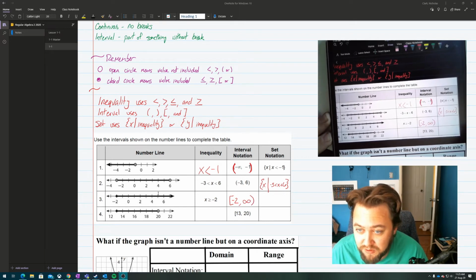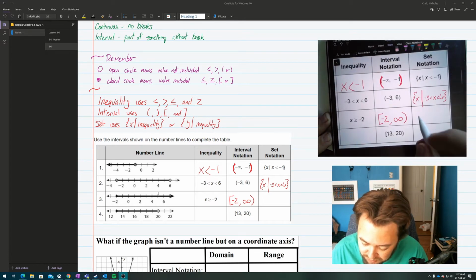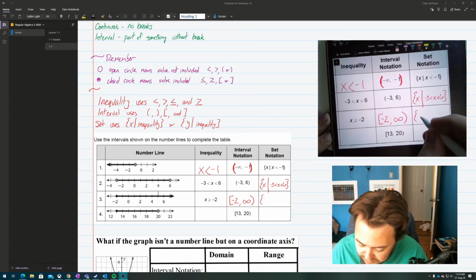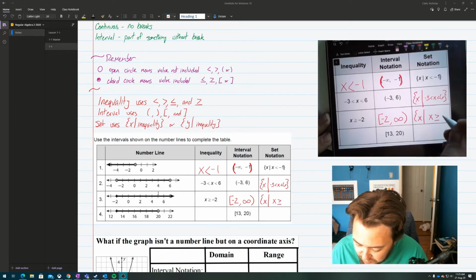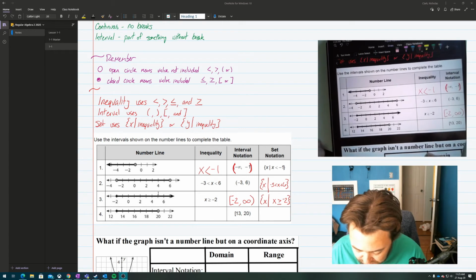I'm going to give it a smooth parenthesis. And our set notation, just like before, I'm going to do curly brackets, x such that x is greater than or equal to -2, close curly brackets.